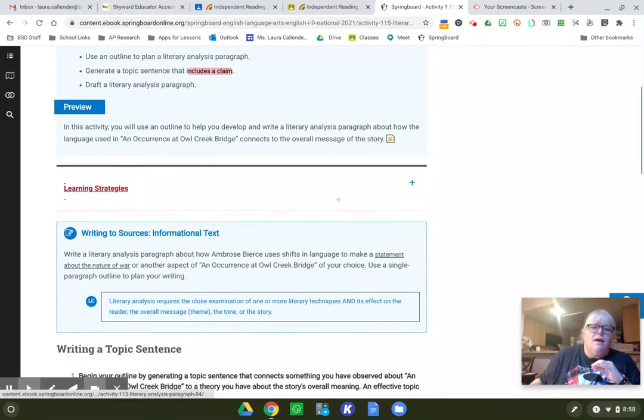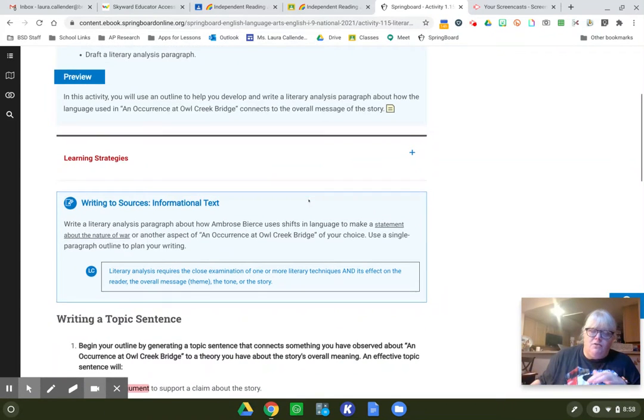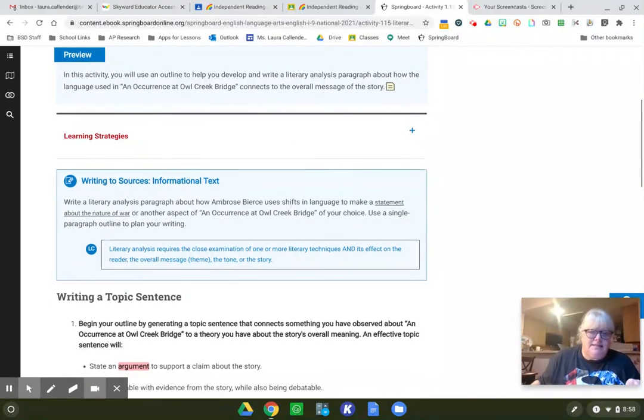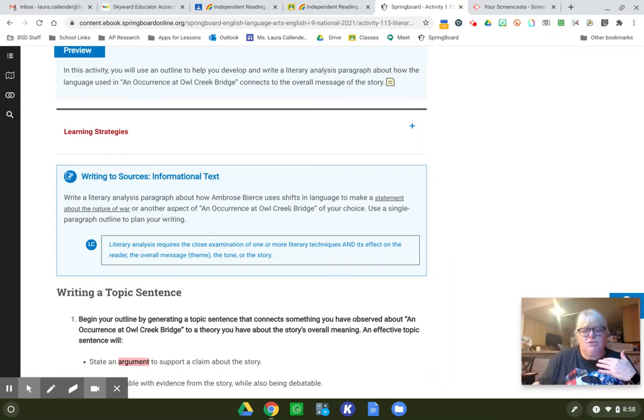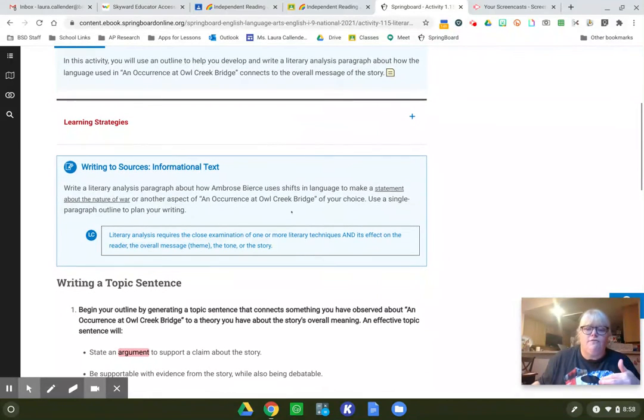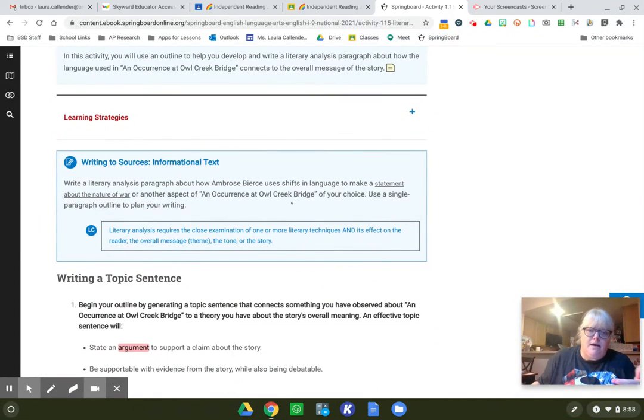All right, so I am going to model to the specific prompt that's here. And then when we get to the end, I'm going to try and help you come up with some ideas for what you could write about as your topic sentence. So I am going to model writing a literary analysis paragraph about how Ambrose Bierce uses shifts in language.